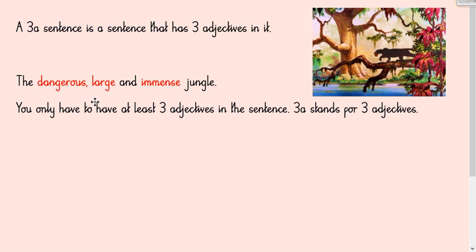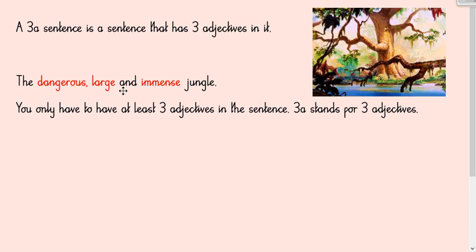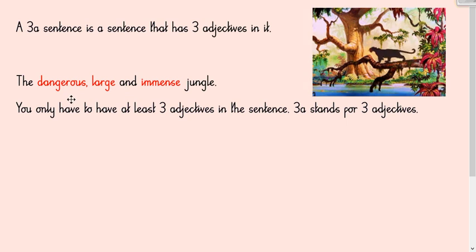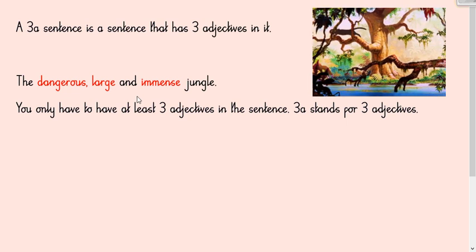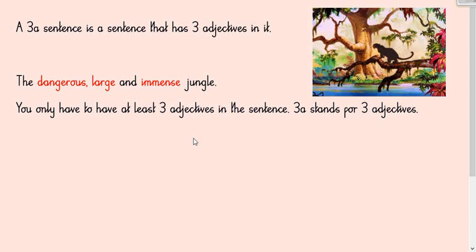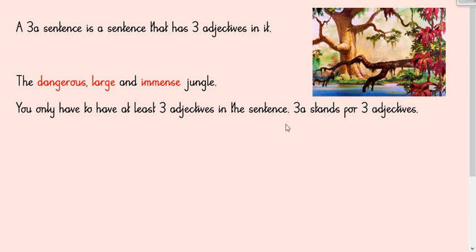My first two adjectives are separated by a comma, and then my third adjective is linked to my first two adjectives using the conjunction and. You only have to have at least three adjectives in the sentence. 3A stands for three adjectives.